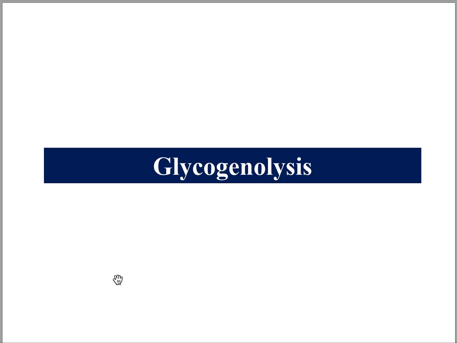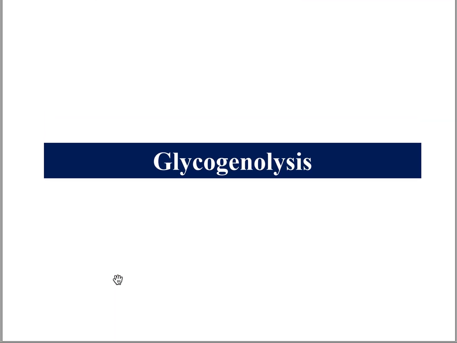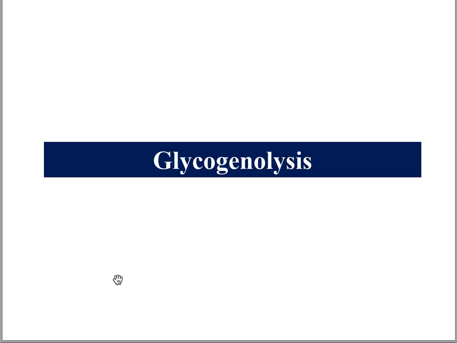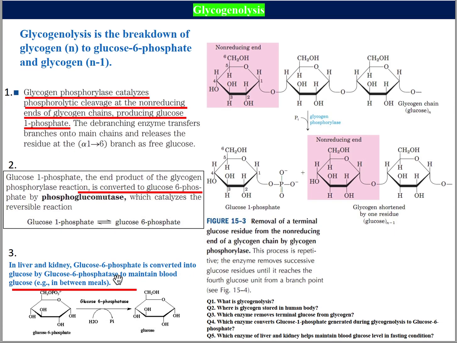So now we will study glycogenolysis, that is the study of breakdown of glycogen. Glycogenolysis is the breakdown of glycogen producing glucose 6-phosphate and glycogen n-1.